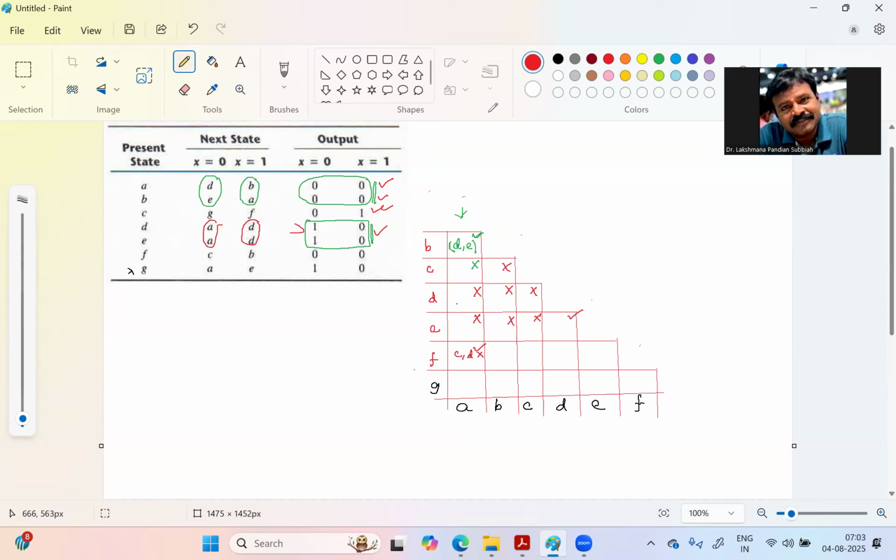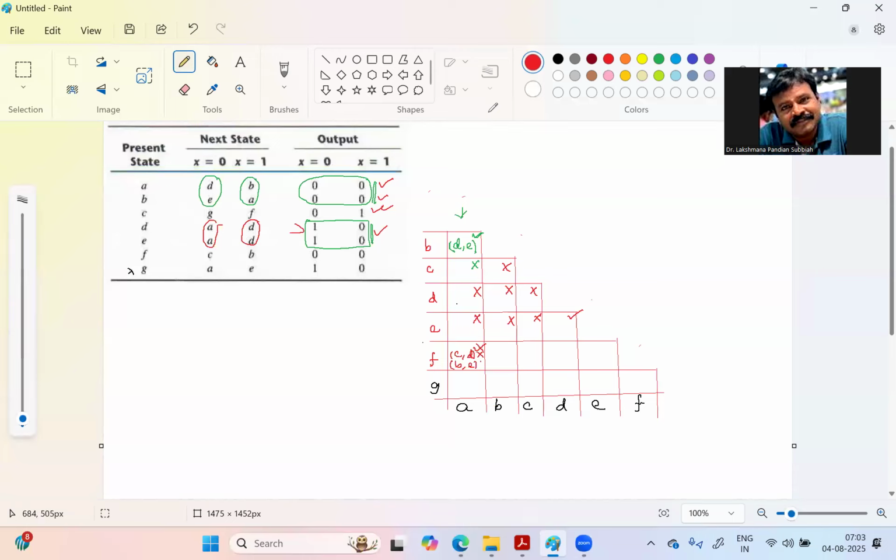And the next one is BE. BE also has different outputs, so this pair is not possible.